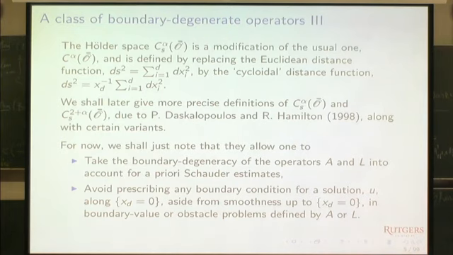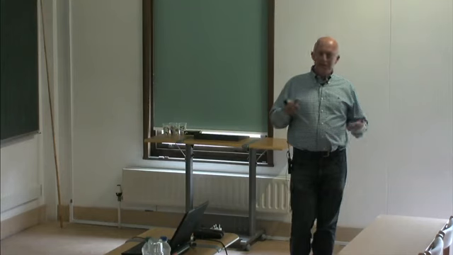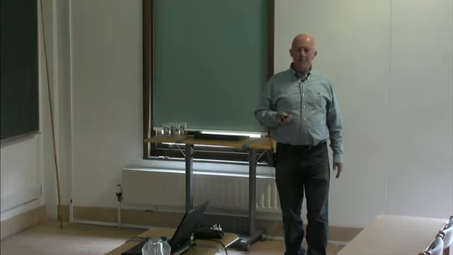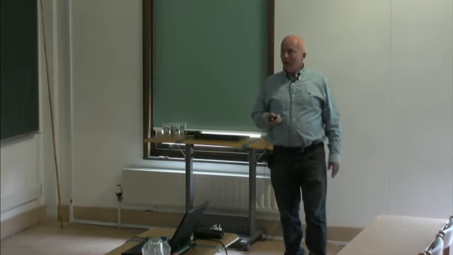But for now, let me just say that it's defined by mimicking the usual definition of the Hölder space C alpha, except that we replace the Euclidean distance by what I'll call a cycloidal distance. I didn't call it a cycloidal distance function. It was called so by these authors, Daskalopoulos and Hamilton, and there's a reason for that. Geodesics under this metric happen to be cycloids.